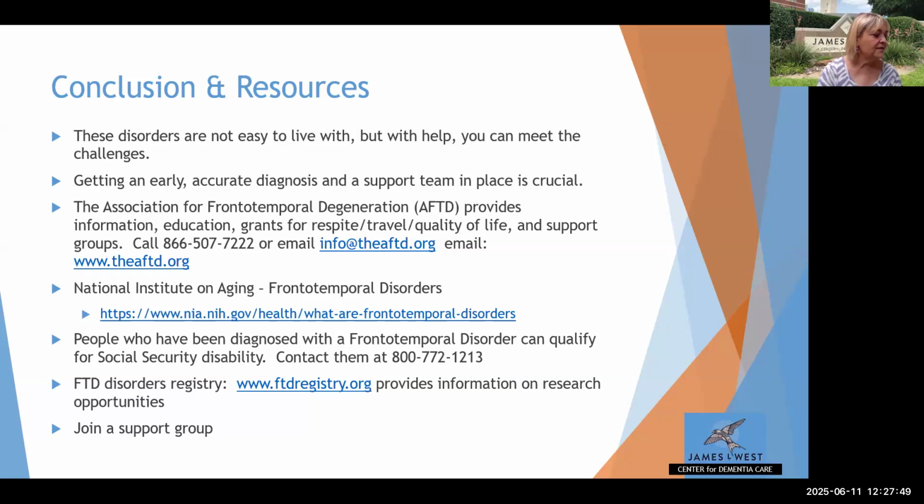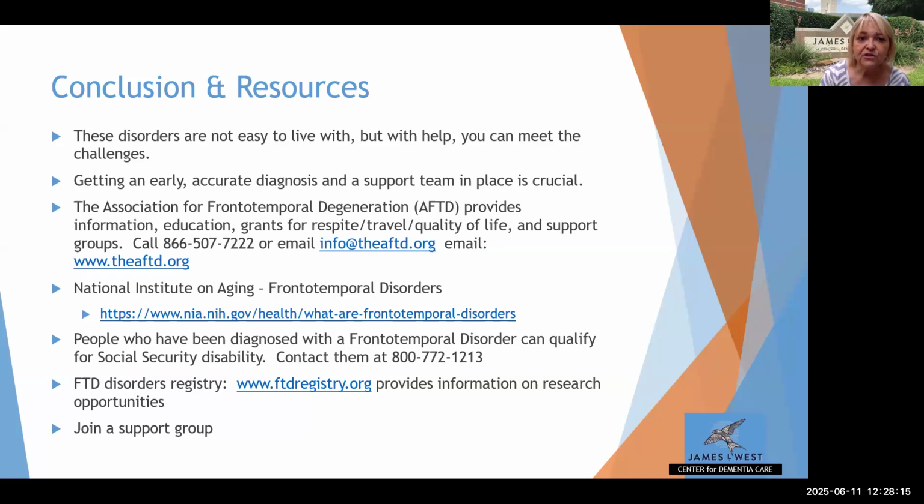This is the conclusion, and these are our resources. So we've got lots of resources here for you. I've got the phone number to the AFTD. I've also got the website to the AFTD. The National Institute on Aging has some fantastic information on FTD. We've got it there for you. There's the FTD Disorders Registry, where you can find out information about possibly being in some research opportunities.